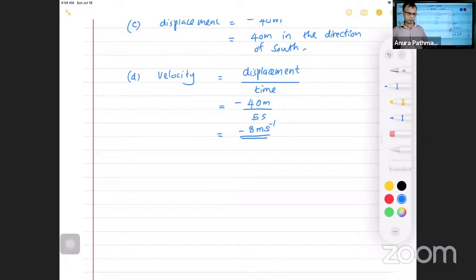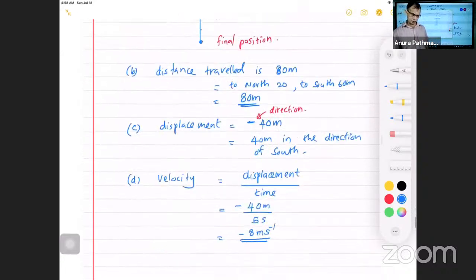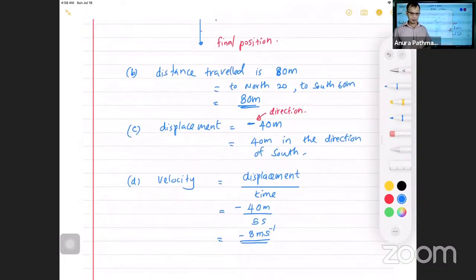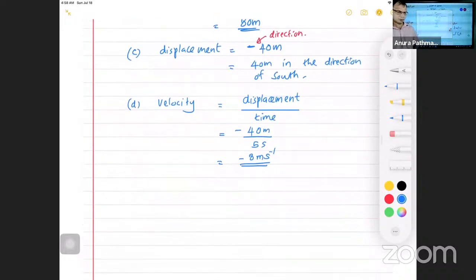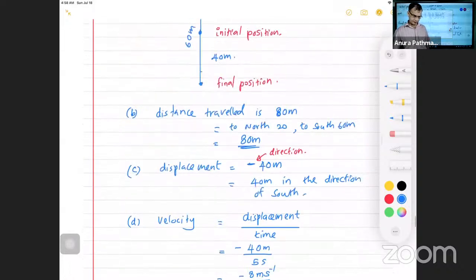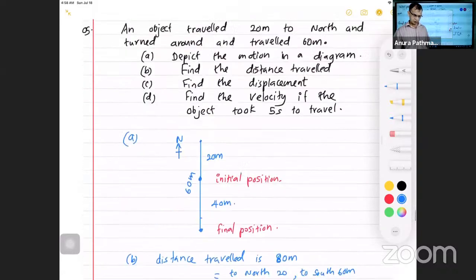Okay. Now we have been discussing about the motion of an object, the relationship between the velocity and the displacement, moving to the other one. Going to understand the average speed. What is average speed? Question number 6.